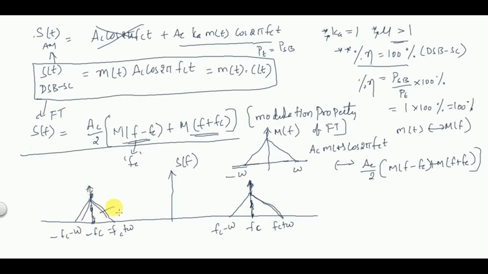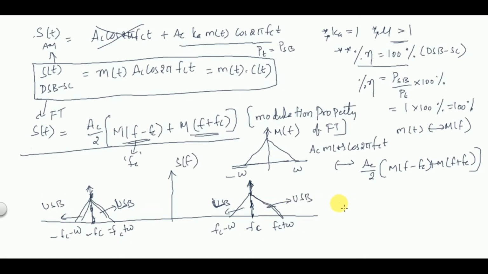Only sidebands. So this is upper sideband, this is lower sideband, and this is upper sideband. All the frequencies greater than fc are upper sideband.